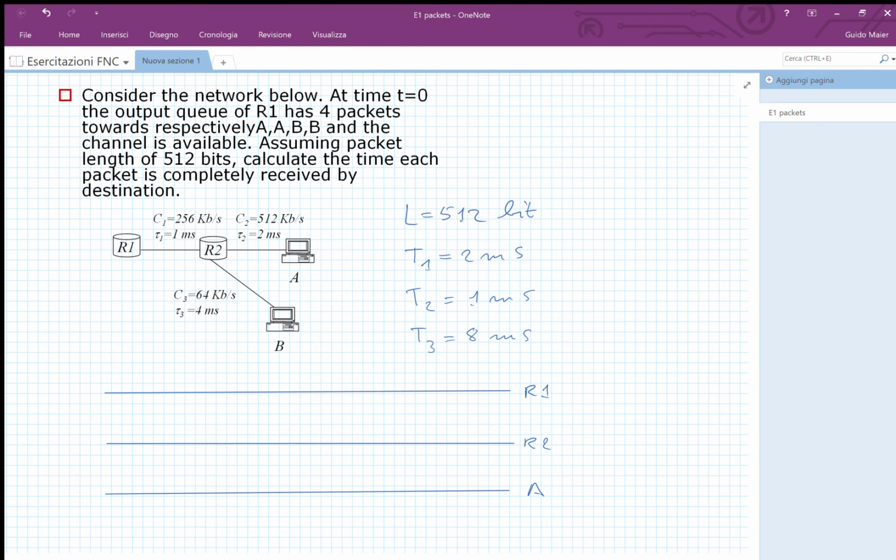So we can start by drawing the packets. Let's assume that we are starting from here.